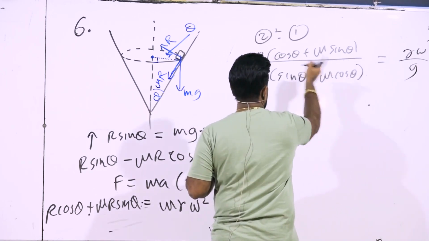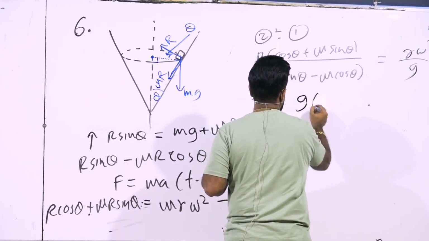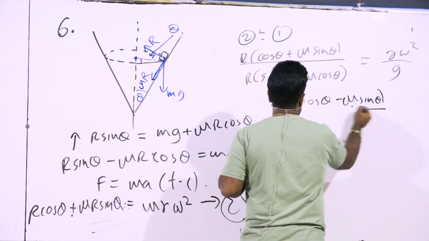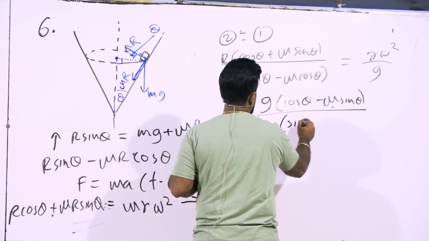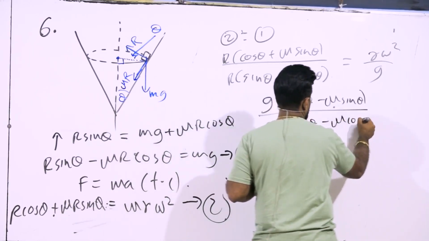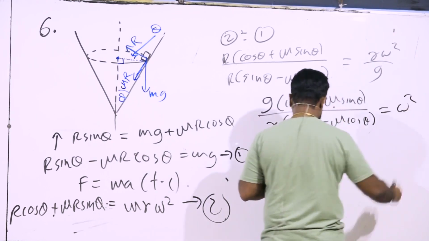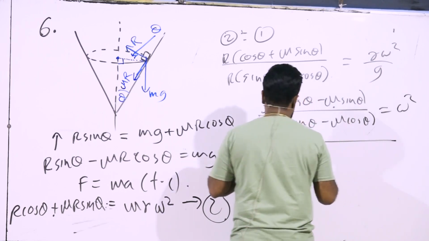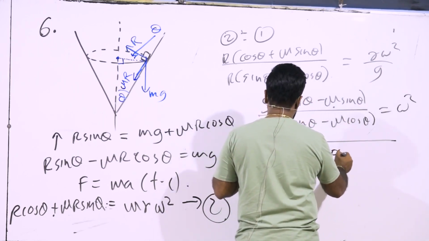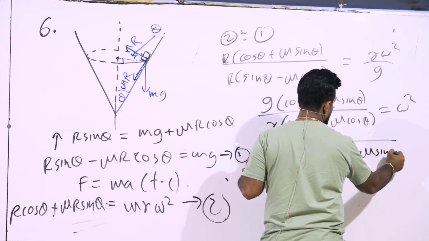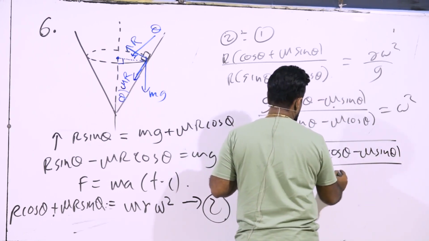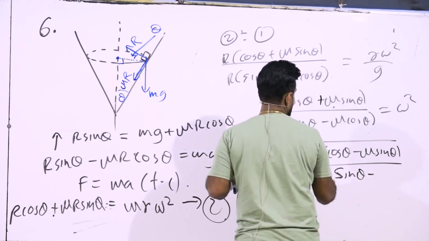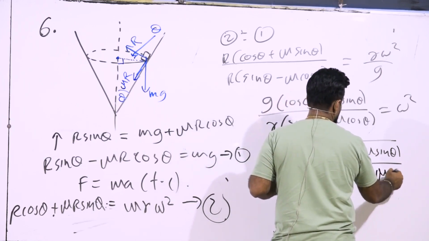So this part comes to the left: g cos theta plus mu sin theta divided by R sin theta minus mu cos theta equal omega square. So omega equal root of g (cos theta plus mu sin theta) divided by R (sin theta minus mu cos theta).